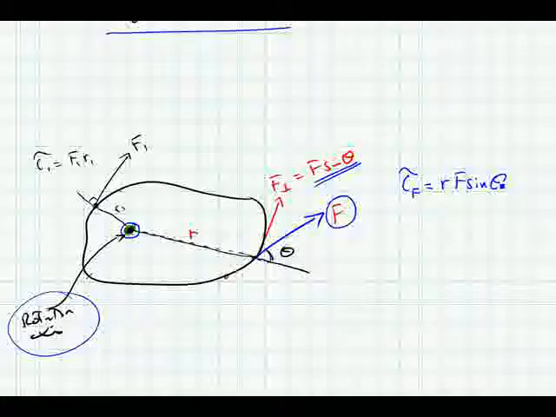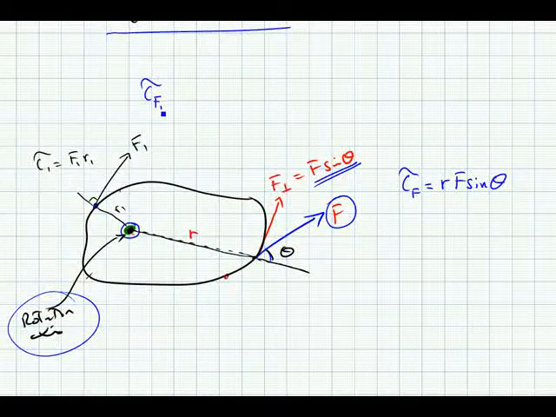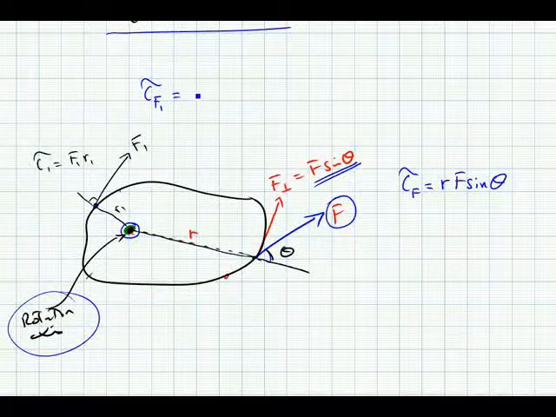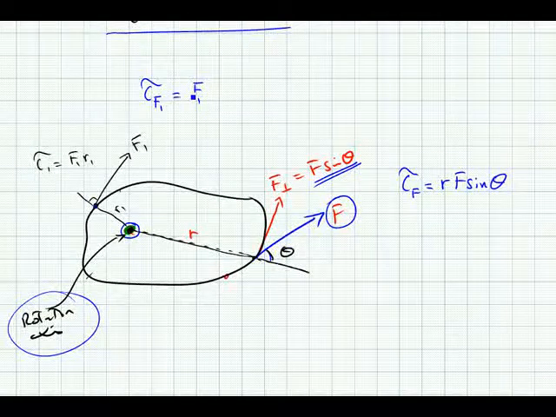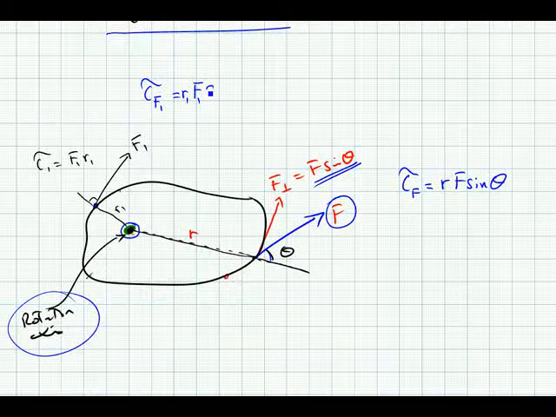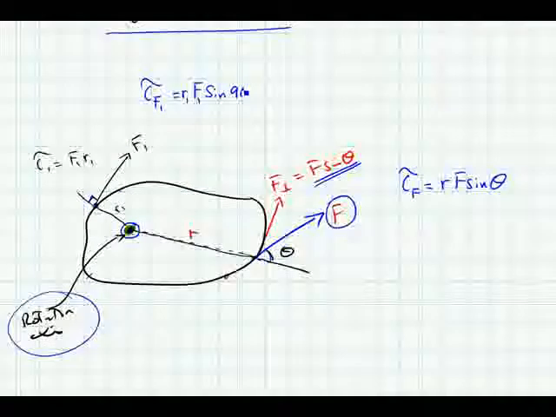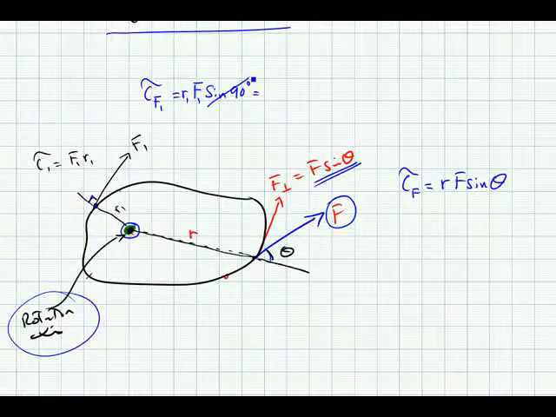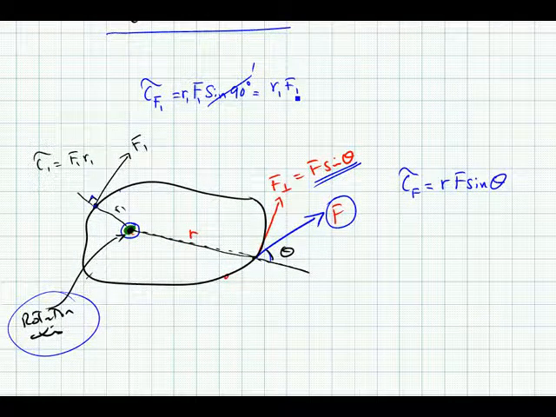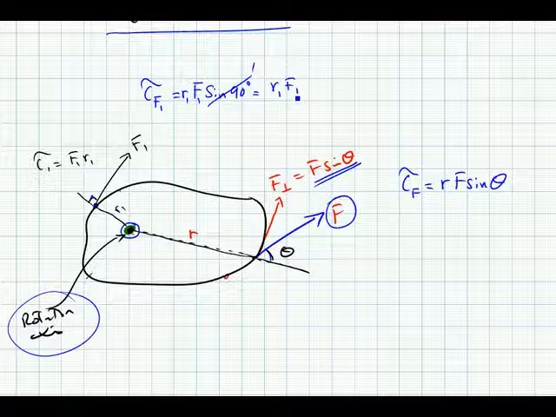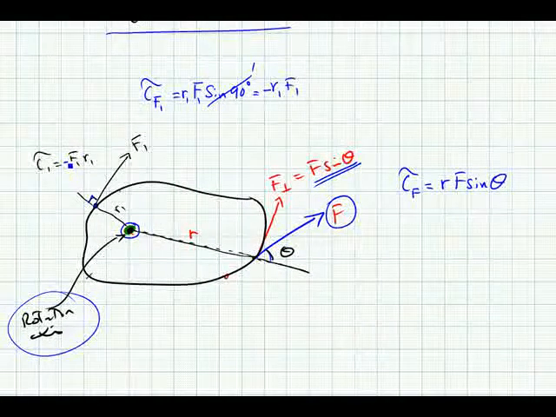Now, excuse me, the torque due to F1 on the left hand side is equal to the magnitude of the force F1, well, r1 F1 sine, in this case this is 90 degrees, so sine of 90 degrees, which is 1, so that's r1 F1, and in this case this torque will cause a clockwise rotation, therefore it's a negative torque that we have here.